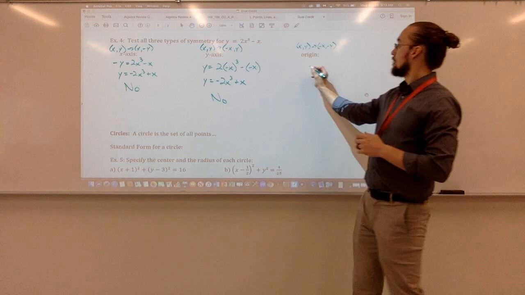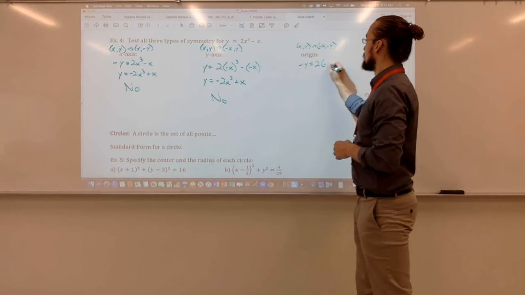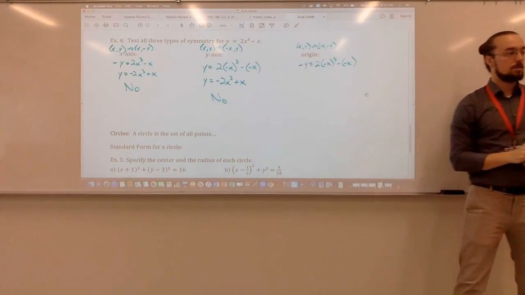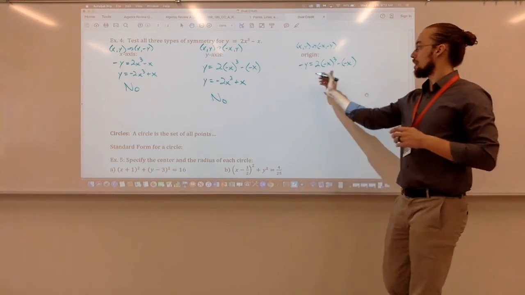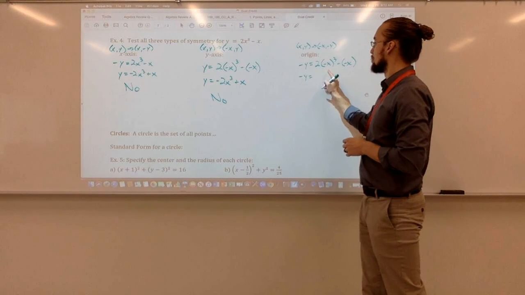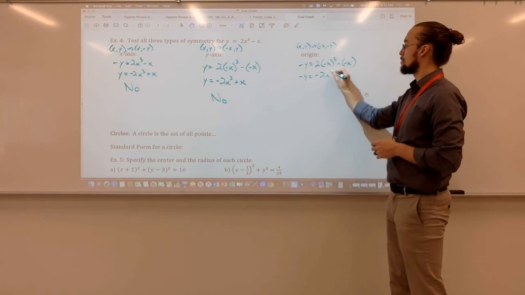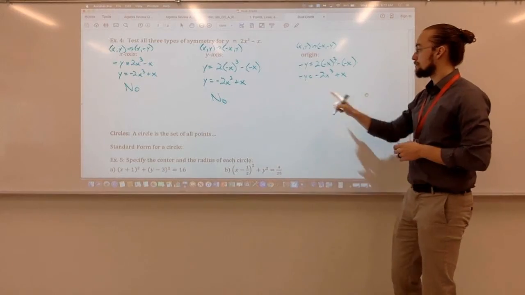So negative y equals 2 times negative x cubed minus negative x. This is the same simplification as the last one. So negative y equals negative 2x cubed plus x.